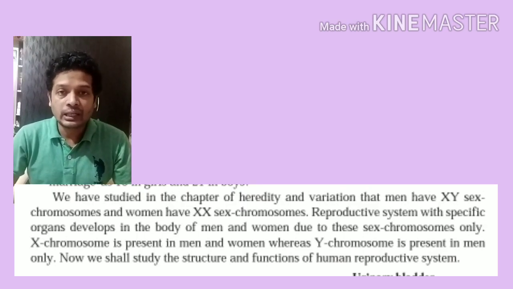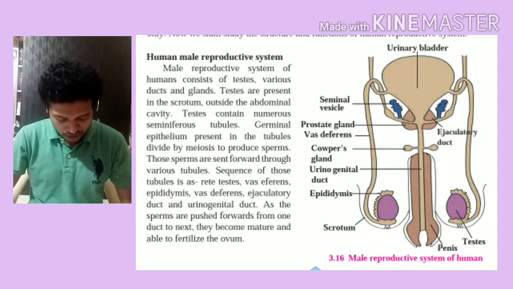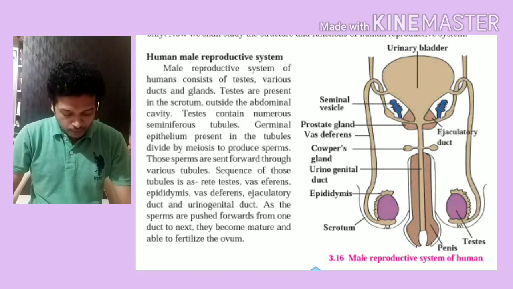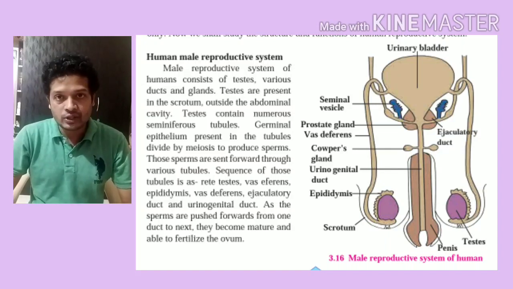Now we'll start in detail about the male reproductive system. It has typical parts. One by one we will study the parts and the function of each. Page number 28, human male reproductive system. The male reproductive system consists of testes, various ducts and glands.